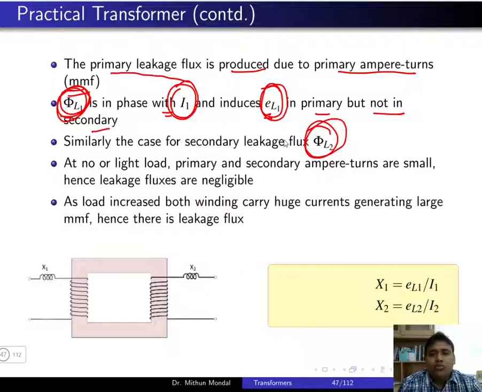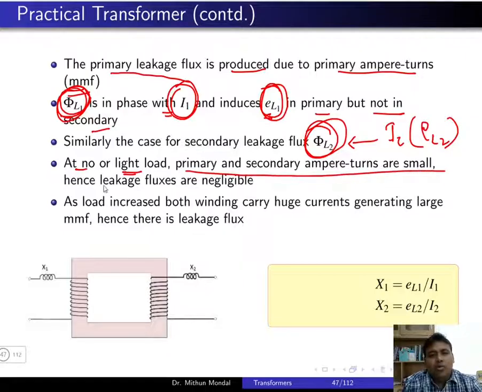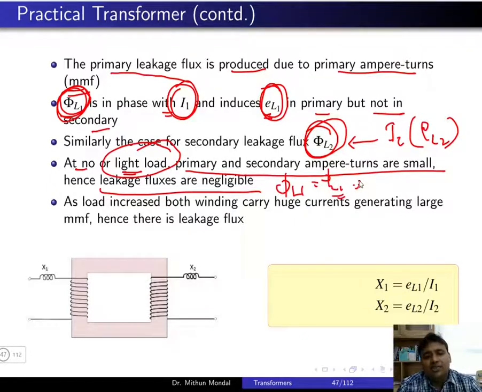Phi L2 is produced due to the current I2, and this is responsible for the production of the EMF EL2. At no or light load condition, primary and secondary ampere turns are small, hence leakage fluxes are negligible. So when you have a light load condition, you can take phi L1 and phi L2 equal to 0. You neglect the leakage flux under the light load condition.